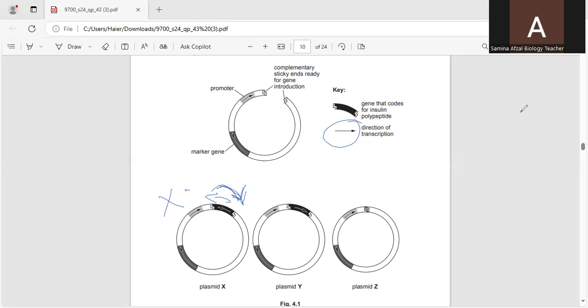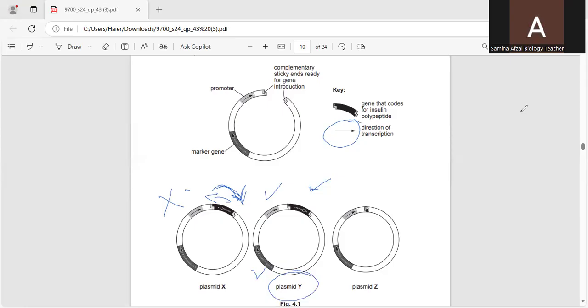Plasmid Y has a promoter and a marker gene, and the gene that codes for insulin polypeptide is going in the correct direction, so plasmid Y will produce the insulin.